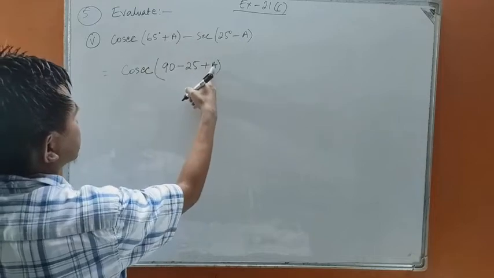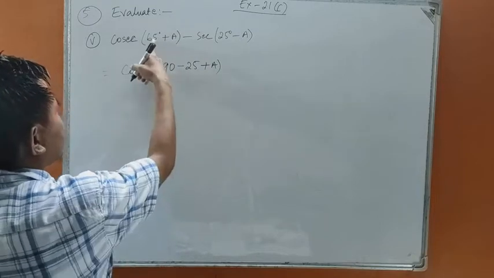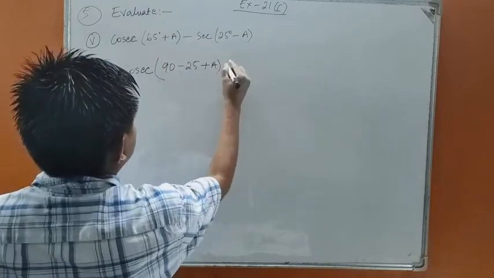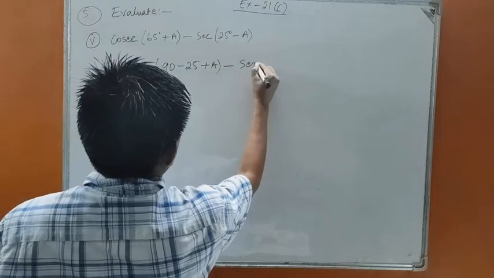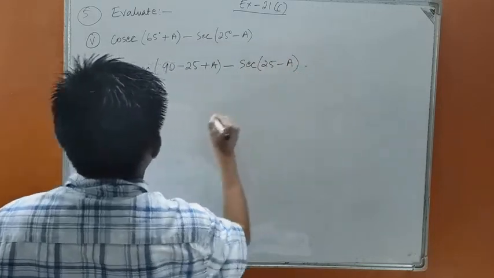This plus a comes here. 90 minus 25 is 65. Okay, 10 minus 5 is 5, and this becomes 8. 8 minus 2 is 6. This minus sec 25 minus a, we copy as it is.